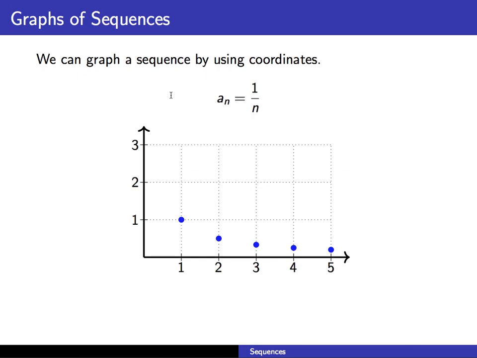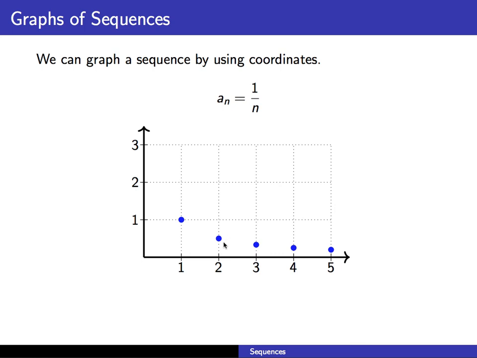So visually, graphs of sequences are very similar to graphs of functions. So here we have the sequence a sub n equals 1 over n. And because we can only put in non-negative integer values, we're not going to have any points in between the integers like 1.5 or 2.2.